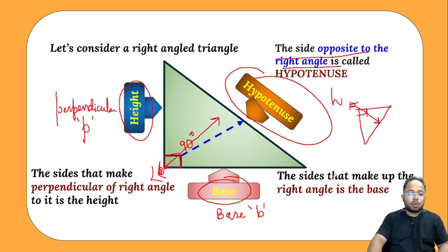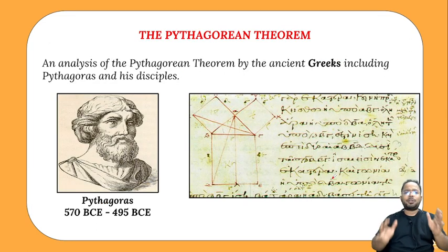Alright. So as I was saying, this property which we are going to learn now is very, very important, and it has huge application. Its name is the Pythagorean theorem, or we also say Pythagoras theorem. He was a great mathematician, very genius.